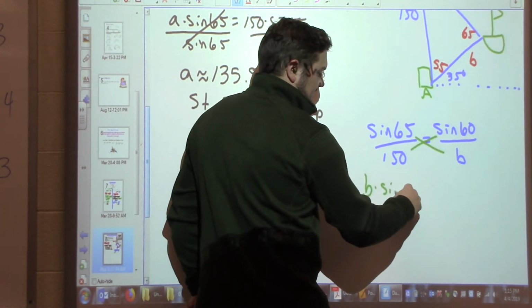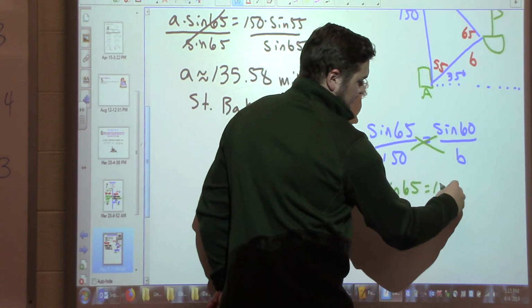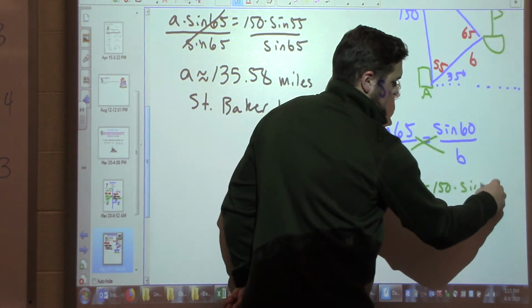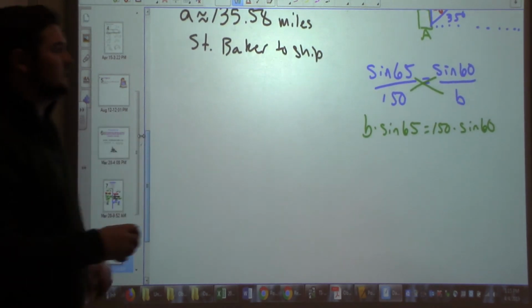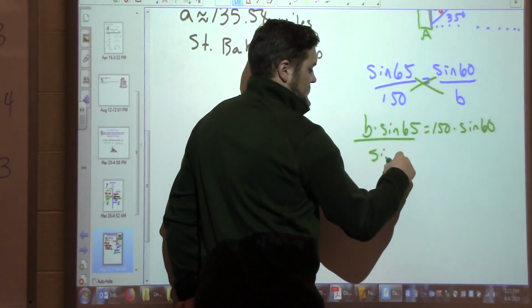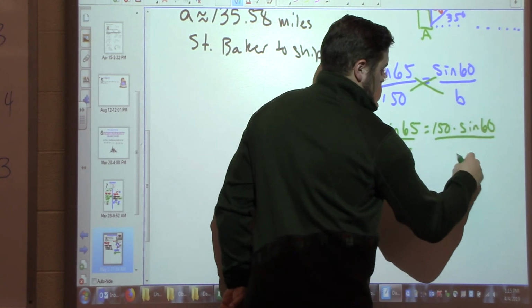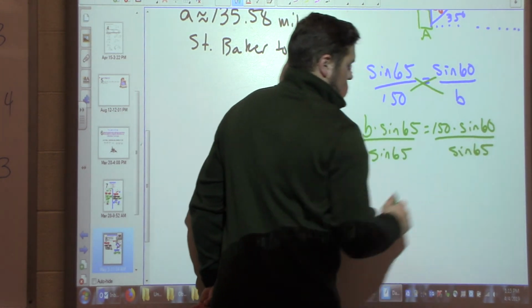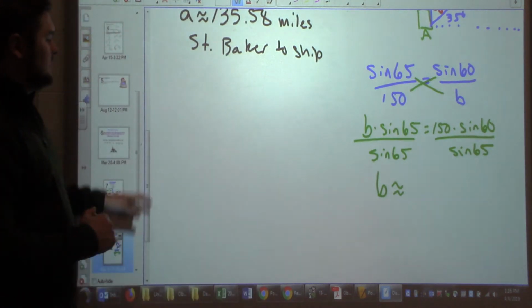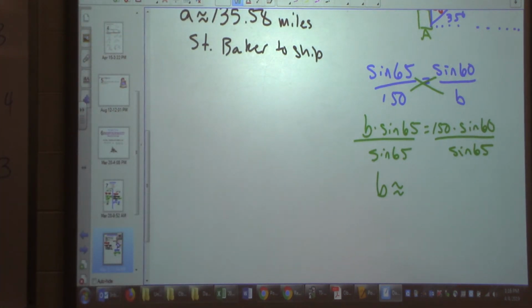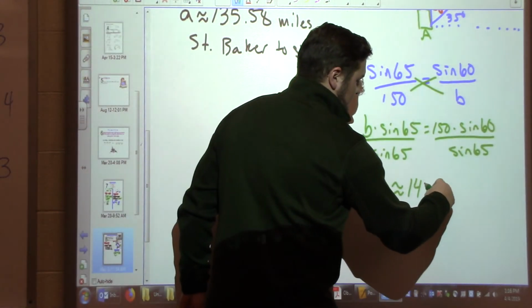B times sine of 65 equals 150 times sine of 60, and then divide by sine of 65. What do we get B to be approximately? 143.35. 143.33 miles.